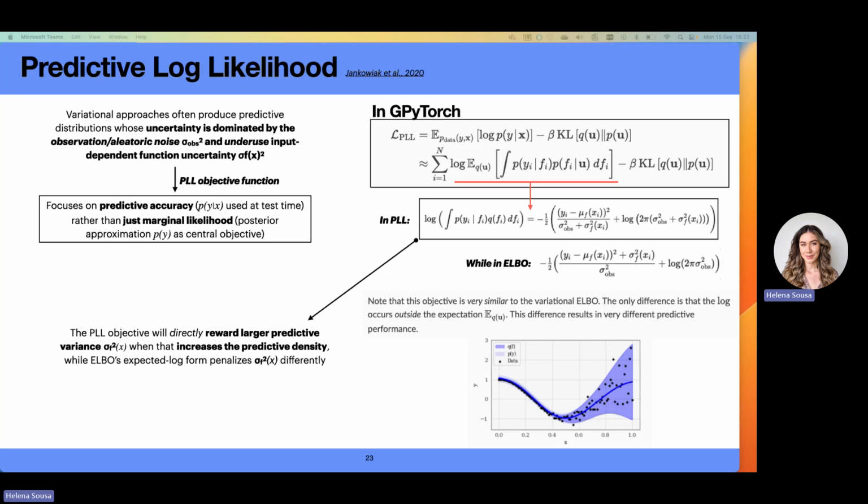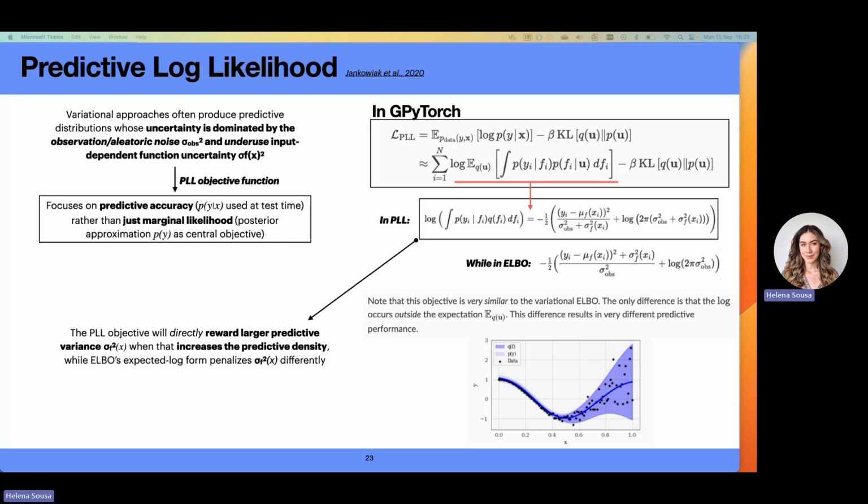Rather than treat the posterior approximation as the central objective, it directly targets the predictive distribution used at test time. This ultimately results in better calibrated uncertainty of the model, as you can see in the example I have here. In this case, the observation noise is not going to dominate as much as when we use ELBO.